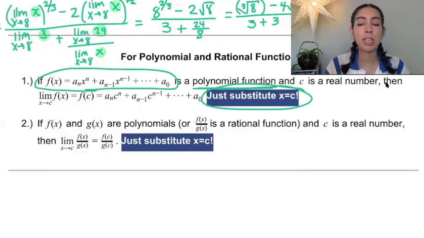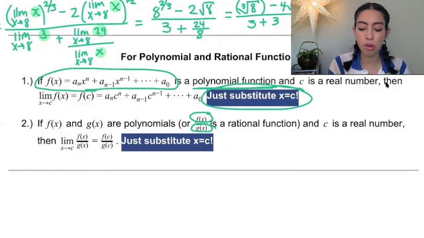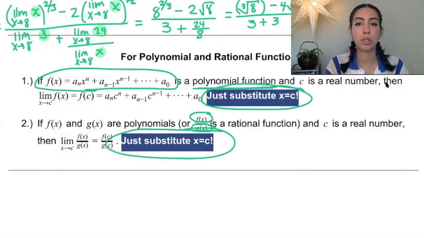And the same thing is true for any rational functions. So rational functions are a polynomial divided by another polynomial. So you apply the same kind of rule. We're just going to do direct substitution. And in our next video, we're going to see how direct substitution works along with all of our other limit techniques.